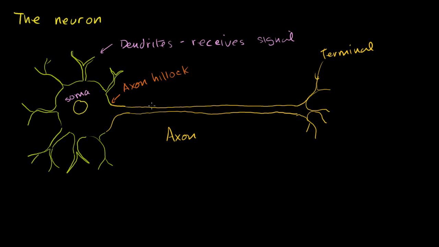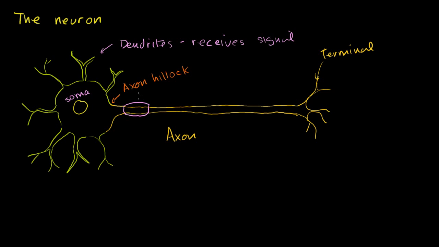We're going to talk about how the impulses travel, and a huge part in what allows them to travel efficiently are these insulating cells around the axon. We're going to talk about this in detail and how they actually work, but it's good just to have the anatomical structure first.